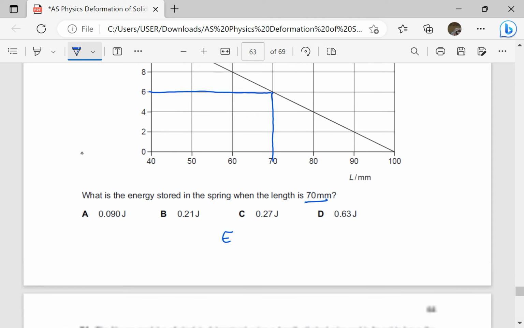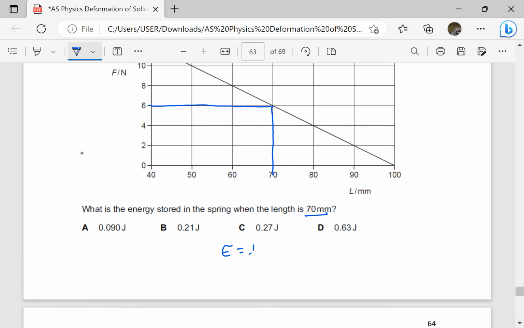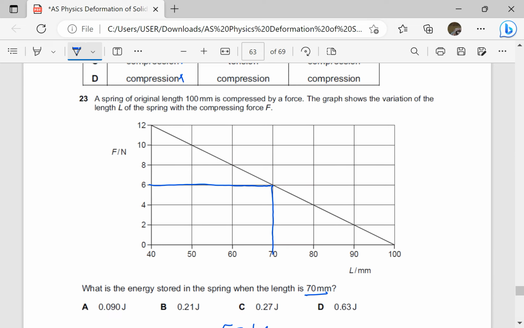So the energy is going to be equal to a half times, of course, it is a half Fx. I'm just finding the area because they said the original length is 100, it is compressed. So I'm going to get the area under this part here.